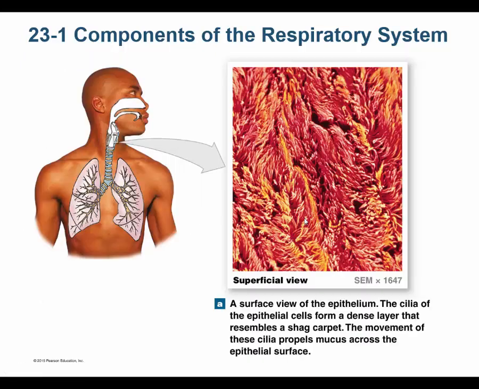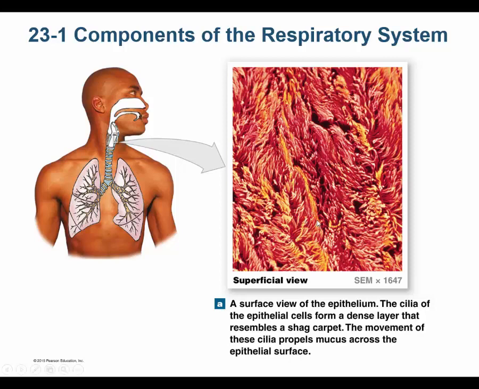This is showing you the ciliated mucous membrane that we have here. So it's a pseudostratified ciliated columnar epithelium with goblet cells interspersed, and the goblet cells, of course, secrete mucus, and you learned that a long time ago back in chapter 4. So this is our mucous membrane with the cilia that will clean and remove the debris, beat the debris upwards so we swallow it.